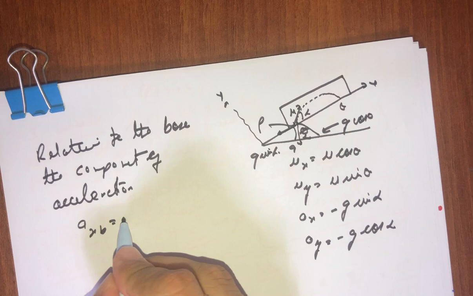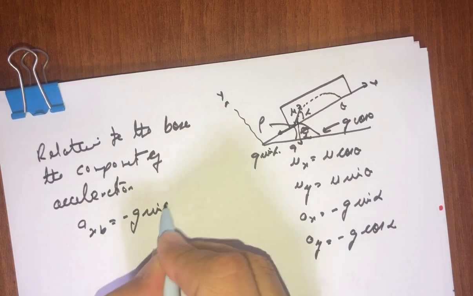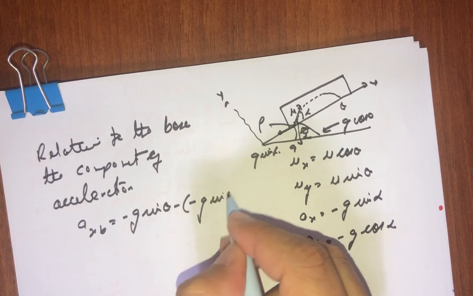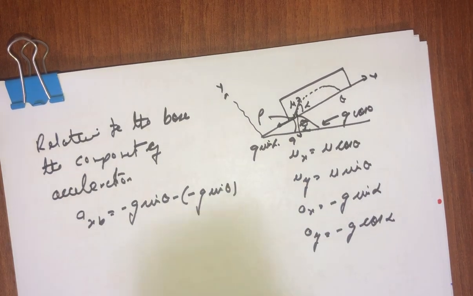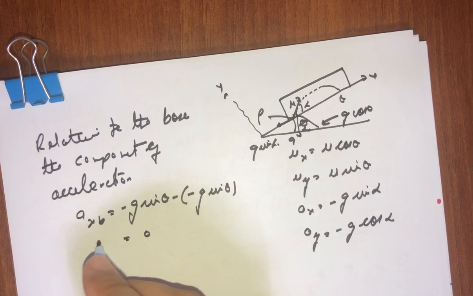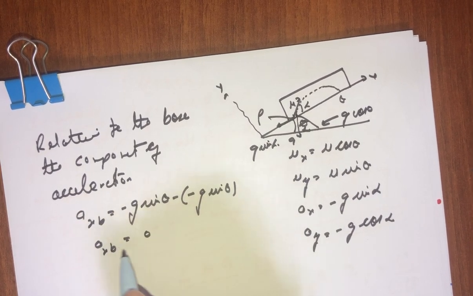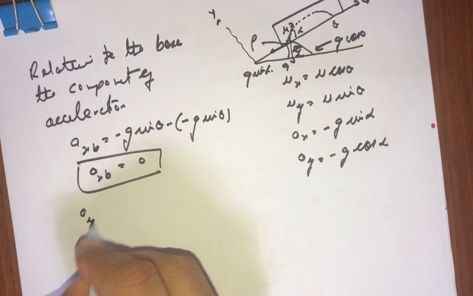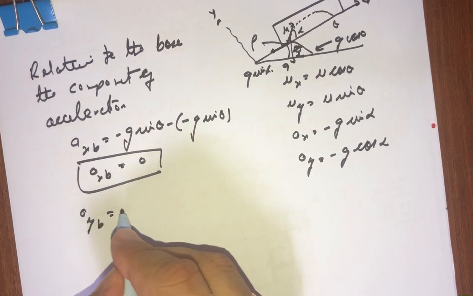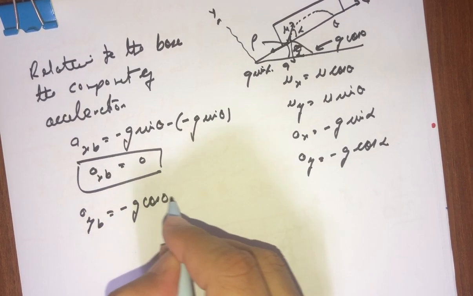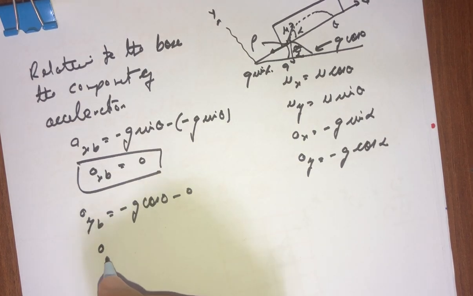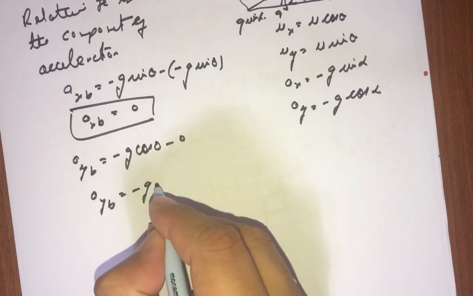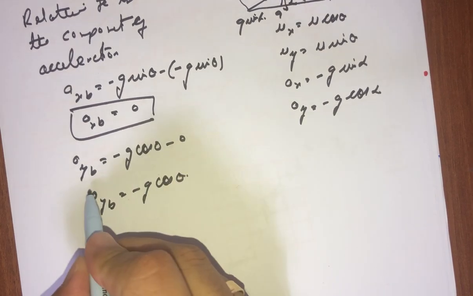So this will be equal to minus g sine of theta minus of minus g sine of theta. So this will come out as 0. So the x component with respect to the box will be equal to 0. Similarly, we find the y component with respect to the box, which will be equal to minus g cos of theta minus 0. So ayb, that is the vertical component, will be equal to minus g cos of theta.